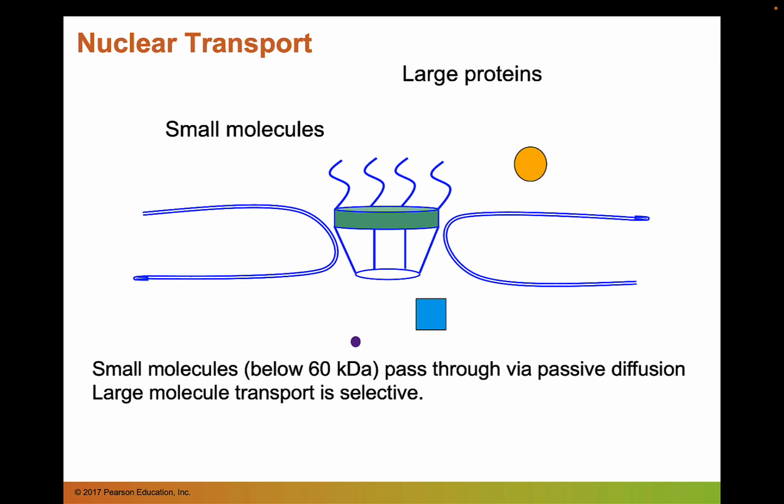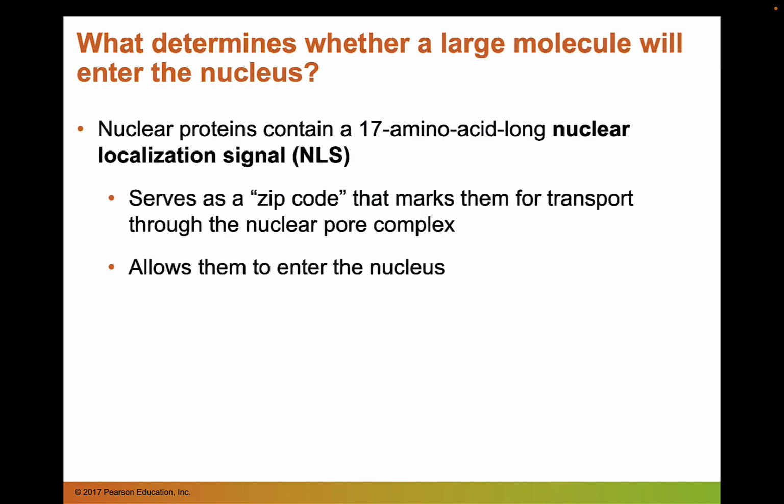And this makes sense. We don't want random things getting into the nucleus if we don't need them to be there. Things like proteases, for example. So what determines whether a large molecule will enter the nucleus? And as you might guess by now, there's a signal. So the nuclear proteins contain a 17 amino acid long nuclear localization signal.